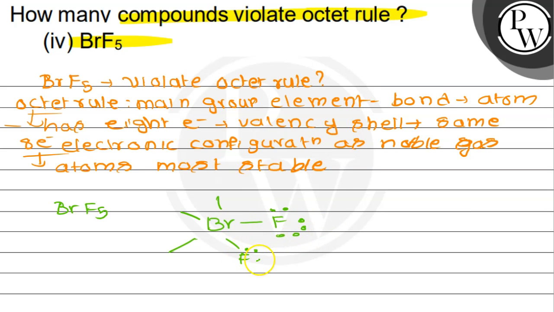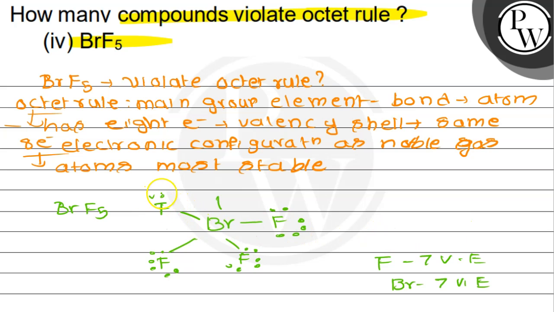Fluorine has 7 valency electrons. In the same manner, bromine also has 7 valency electrons because they belong to the halogens.